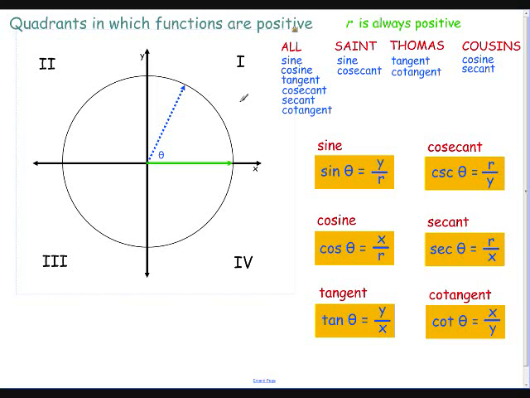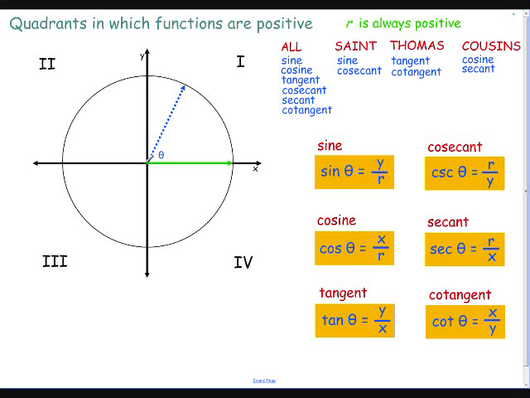Quadrants in which functions are positive. All functions are positive in the first quadrant. What happens to sine when we get into the second quadrant? It's still positive, isn't it? X becomes negative, but y, r is always positive.